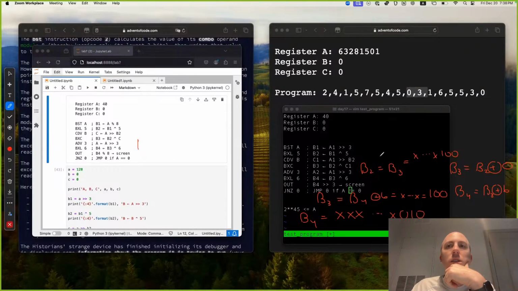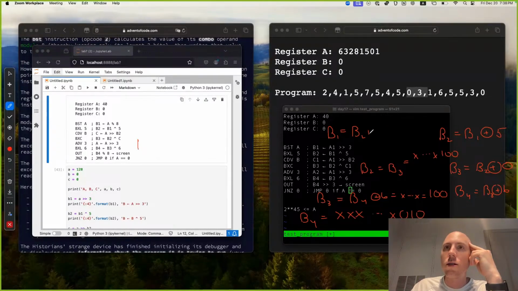Yes, you will. So now we have that B2 is equal to B1 XOR 5.